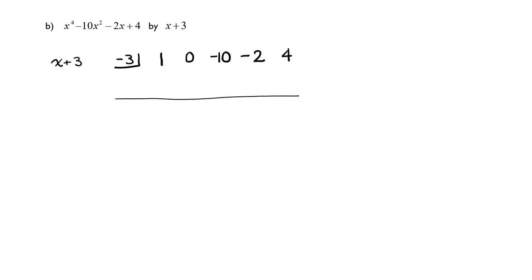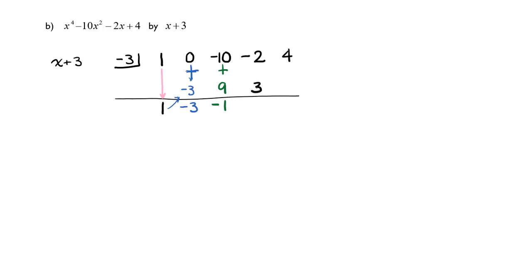Now I drop the first term's coefficient down, which is a 1, multiply -3 to 1, which will give me -3. Add that to 0. That gives me a -3. -3 times -3 is +9. Adding -10 and 9 together, we get -1. -3 times -1 is +3.